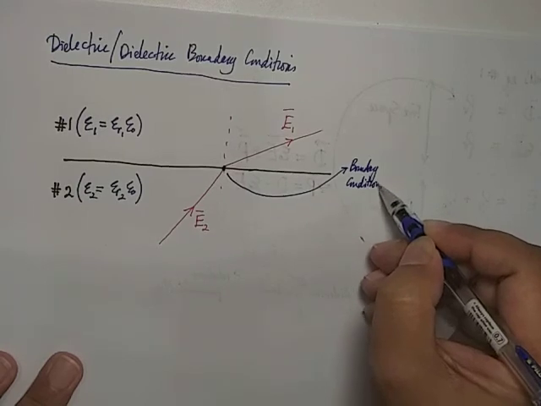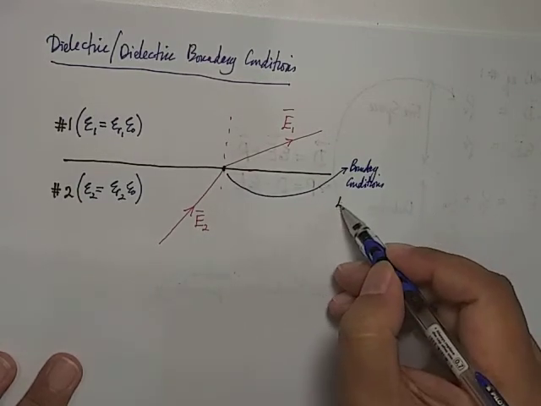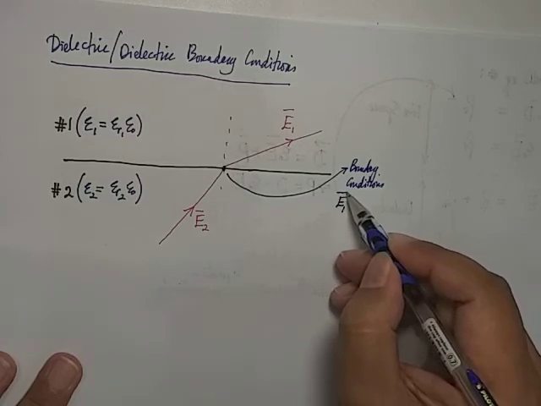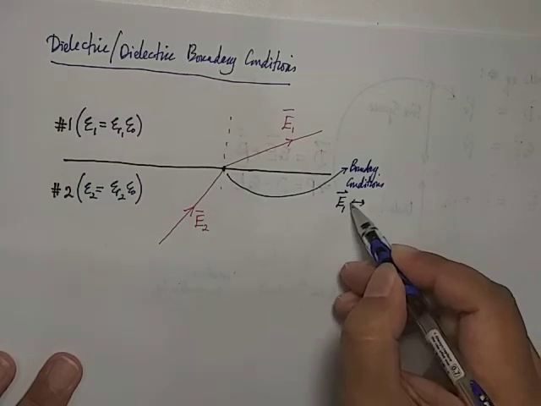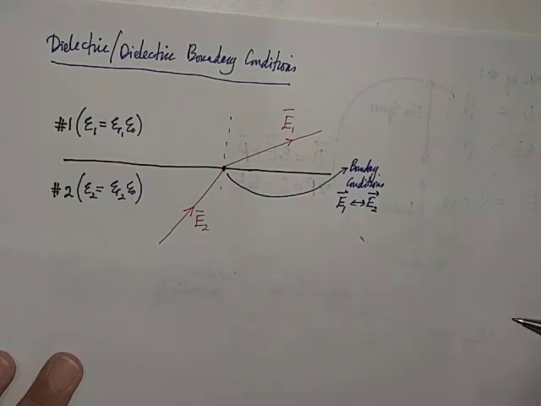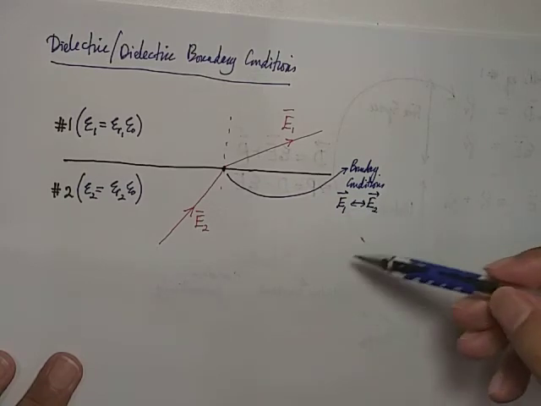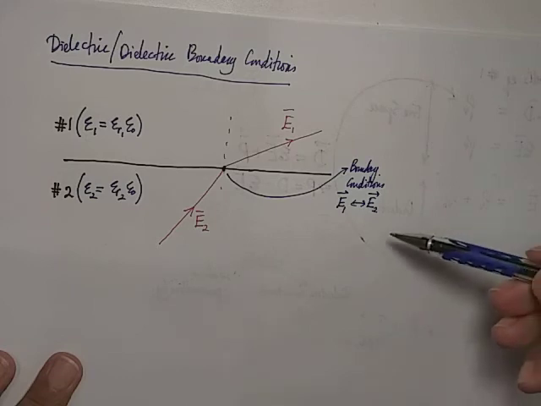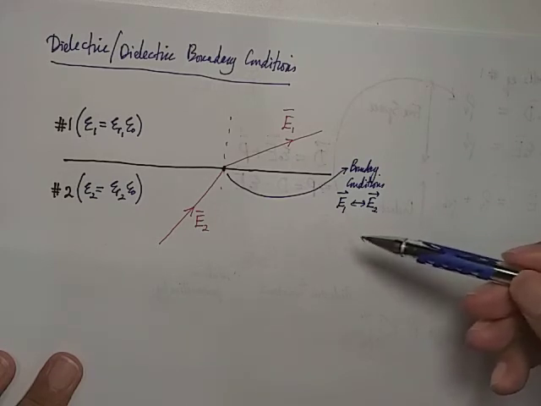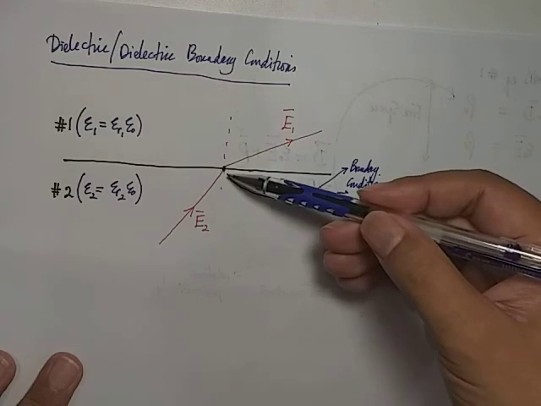Okay, so this boundary condition is actually an equation relating E1 with E2. That is what this boundary condition does. It is equating how E1 is related to E2. Where is this particular situation focused? Yes, at this particular position.